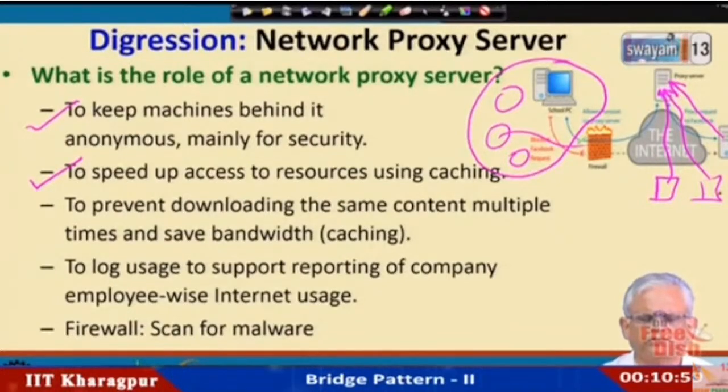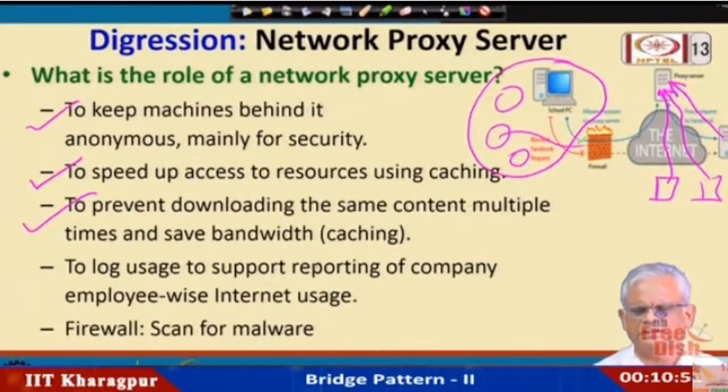It prevents downloading the same content multiple times and saves bandwidth. This is basically the caching, that because of the caching we provide fast access. If it is cached here, we not only provide fast access but also we save bandwidth.